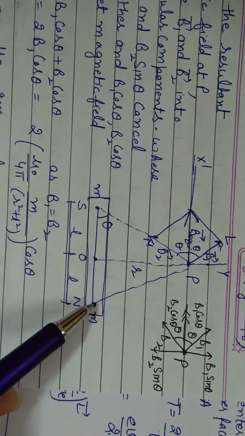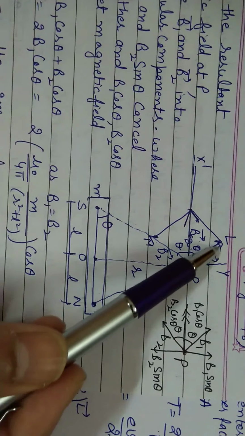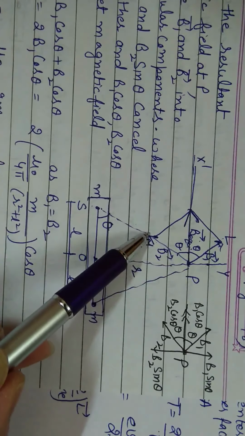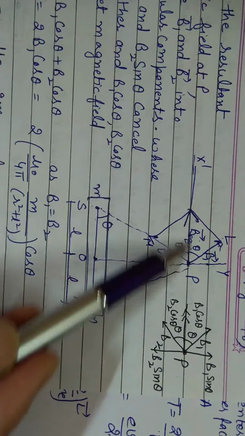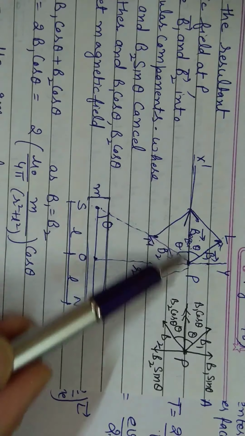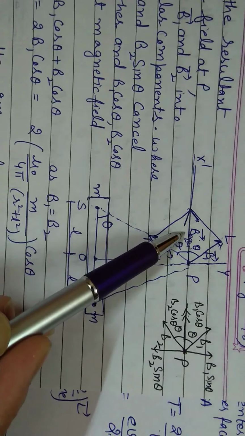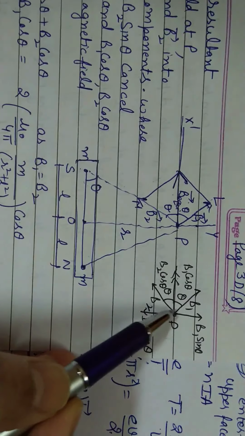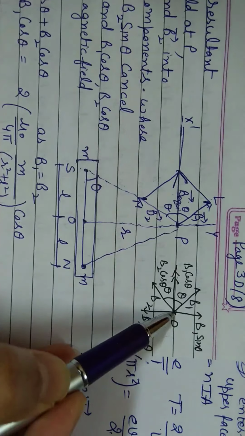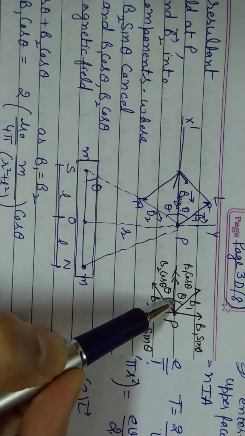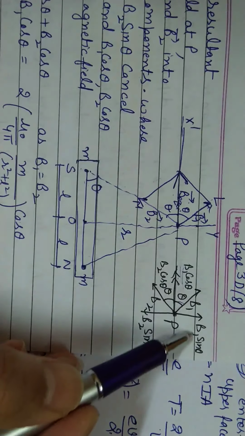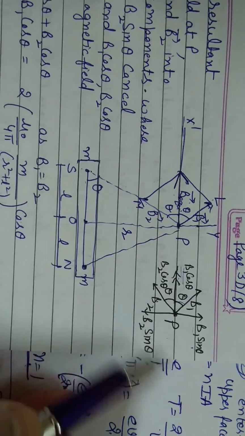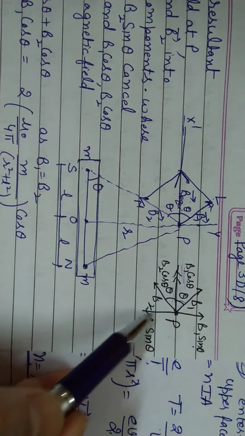So from this north pole, this is the magnetic field, and from the south pole, this is the magnetic field, at angle theta, and this is the resultant along the equatorial line. If we simplify, B1 at point P at an angle theta resolves into B1 cos theta and B1 sin theta. Similarly, B2 is resolved into B2 cos theta and B2 sin theta.